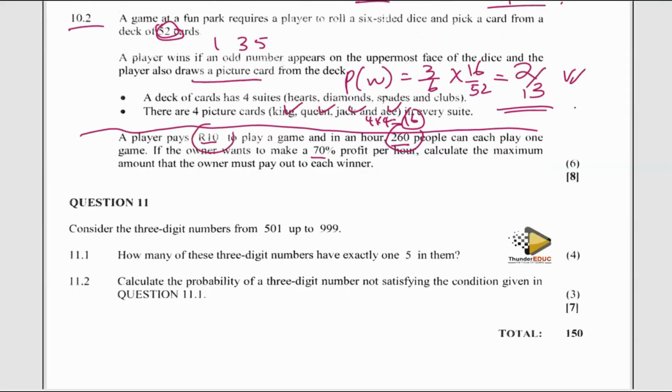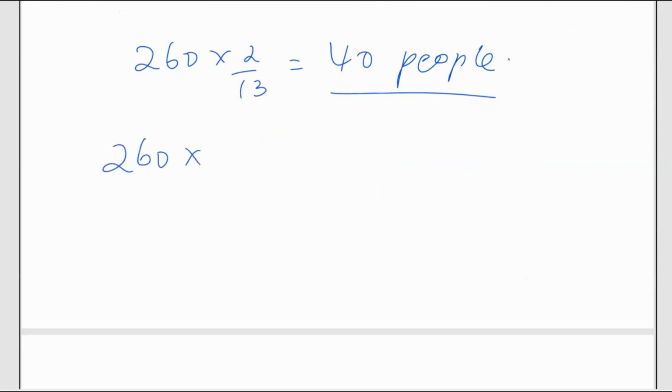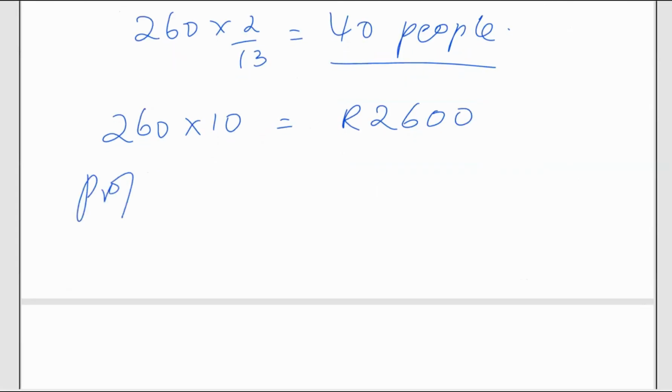Then the 260 people are each contributing 10 rands, which means we can collect a maximum of 2 600. And then the profit, which is 70%, 70 over 100 multiplied by 2 600 gives me 1 820.